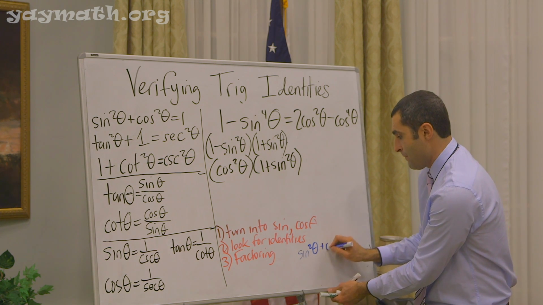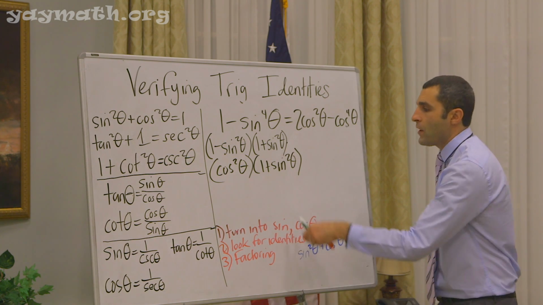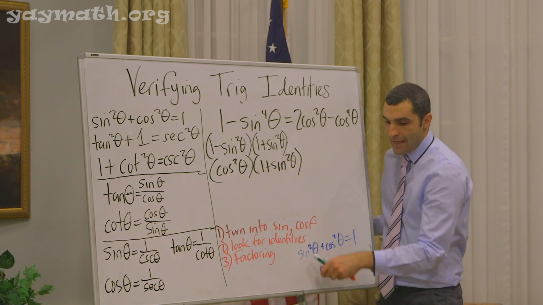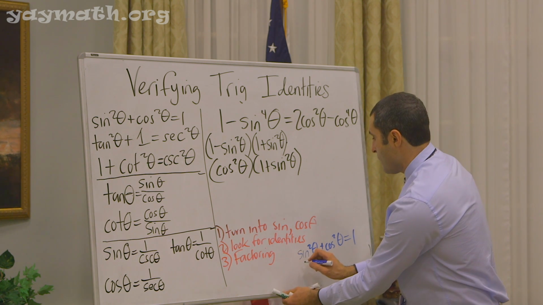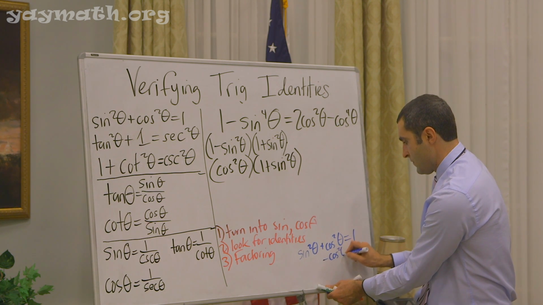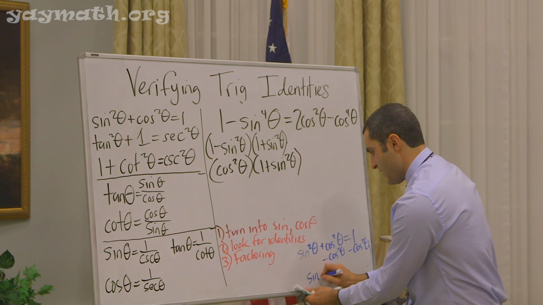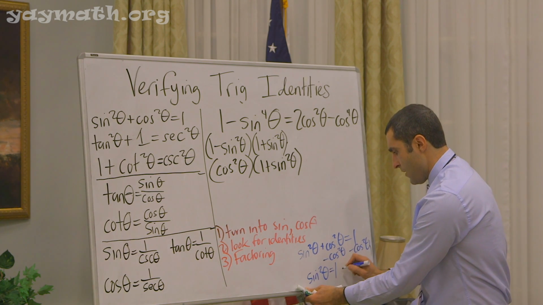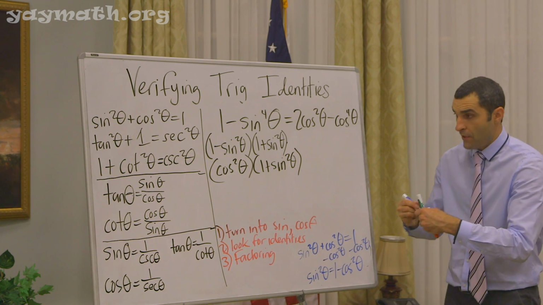That's totally right. So again, the goal was to turn this sine squared into only cosine stuff. If I subtract cosine squared, I'll spell it out clear as day: sine squared equals 1 minus cosine squared. There it is. I'll even put it in blue.